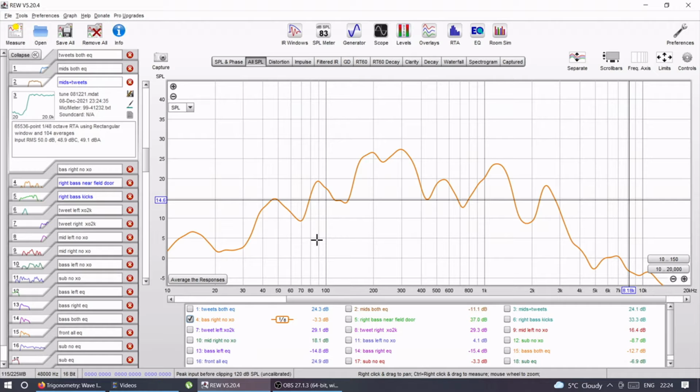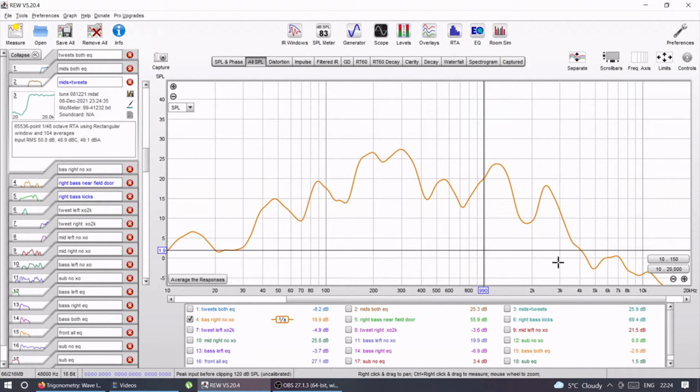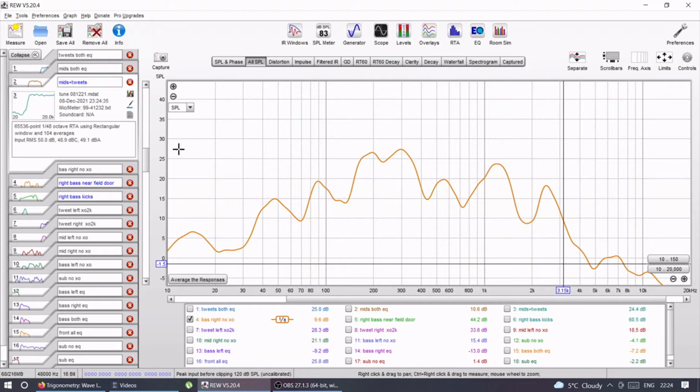If you haven't seen this graph before, it is basically a frequency response, and you have frequency on the bottom, like 100 hertz, 1000 hertz to 3000 hertz, and here you have the level, the sound pressure. These numbers don't mean anything because it's not calibrated, so don't look at them at all, but the main thing is just how this line is changing.